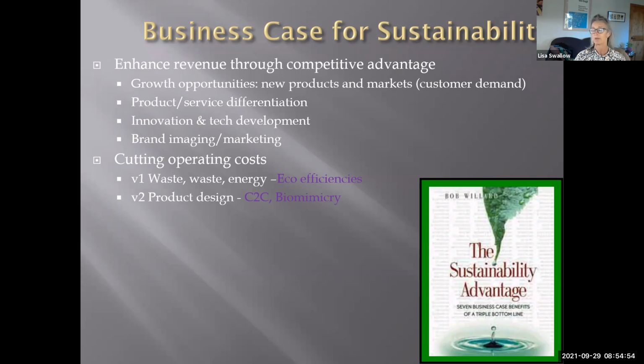And there are a number of frameworks, but the 2 that I'm most familiar with are cradle to cradle, which means I take the raw materials, I develop them, I turn them into final products, I get them to the customer. And at the end of the life of the product, it doesn't go to the grave, i.e. the dump. It is recycled or upcycled.